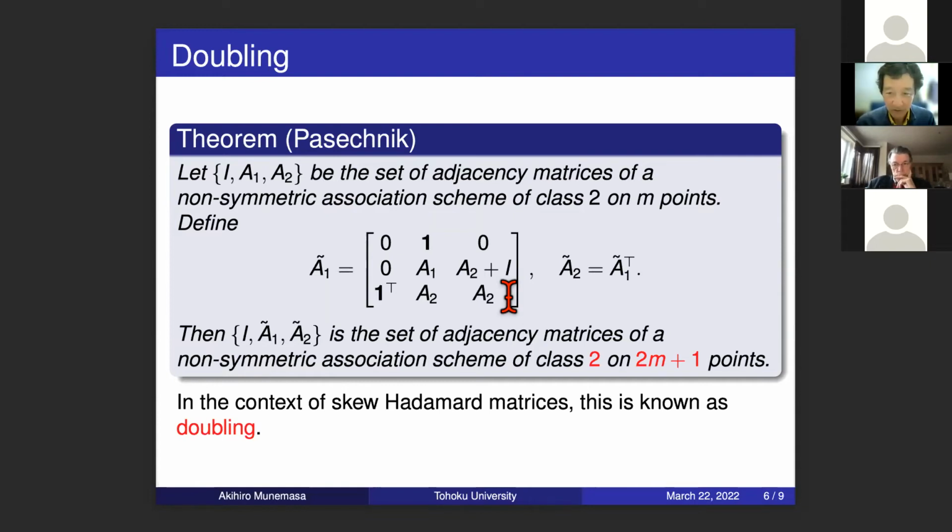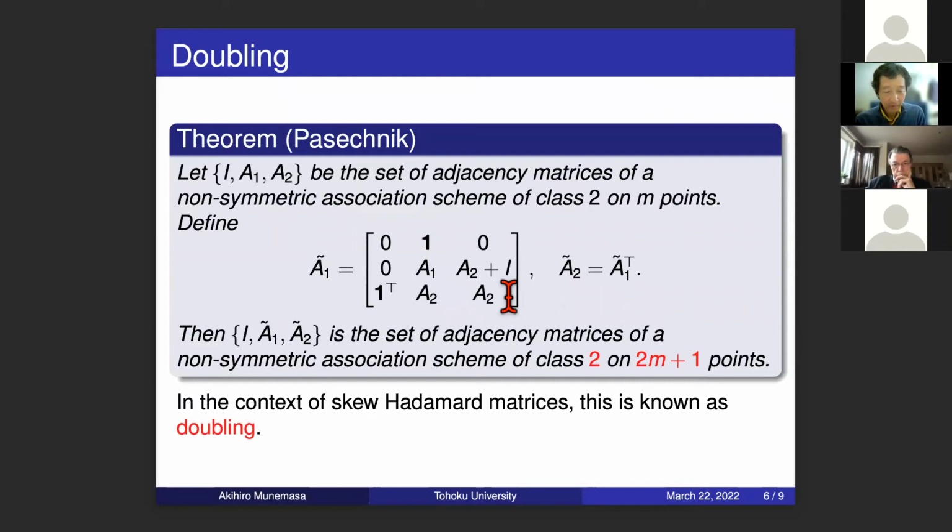The difference is that we start with such a scheme on m points, then we obtain a 2m plus 1 point scheme. So it's not exactly doubled, but nearly doubled. So this is why we call it doubling.